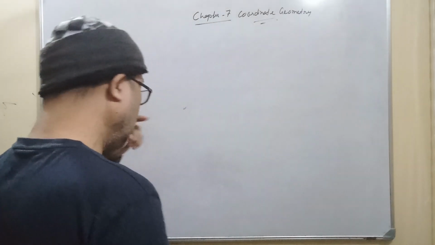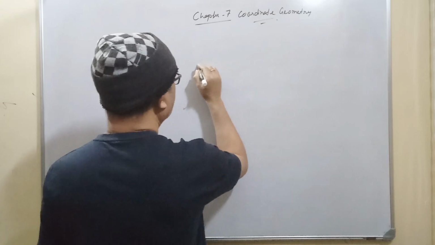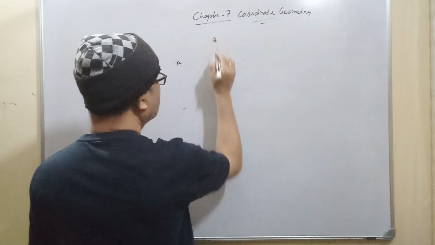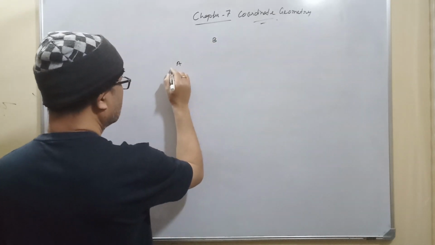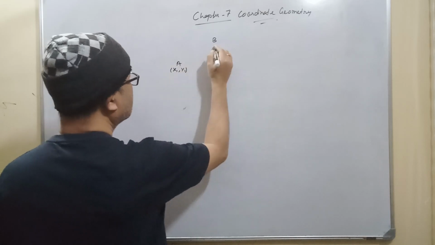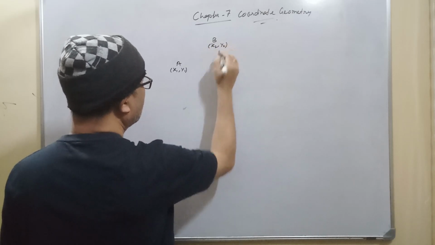So suppose we have 2 points A and B with coordinates x1, y1 and x2, y2.